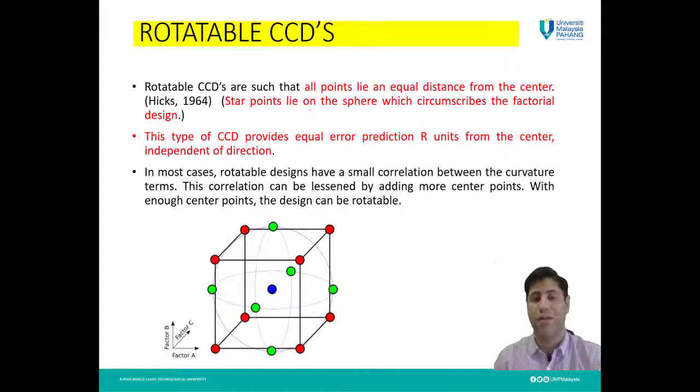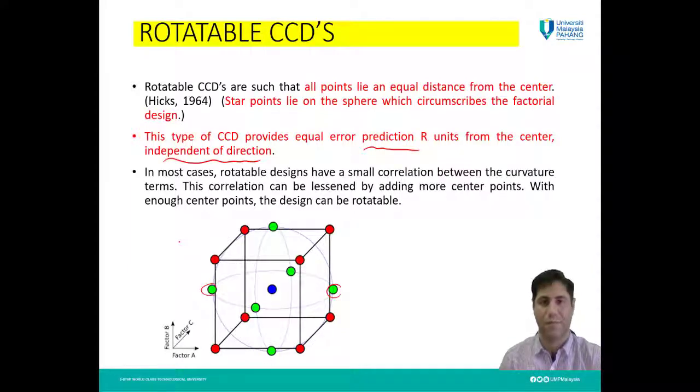And a star point actually lies on a sphere which circumscribes the factorial design, like this. These green balls are located on those circles, which circumscribe the factorial points. This type of CCD provides equal prediction error at equal distance from the center, independent of the direction.